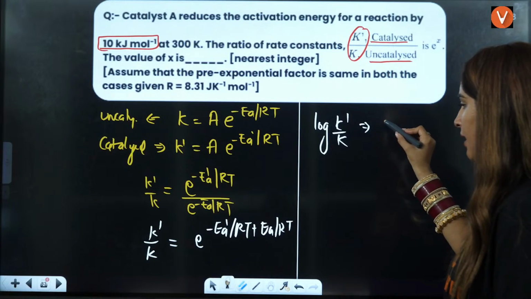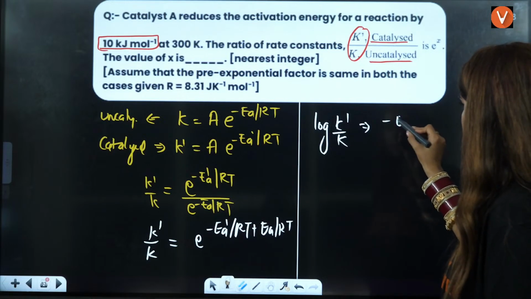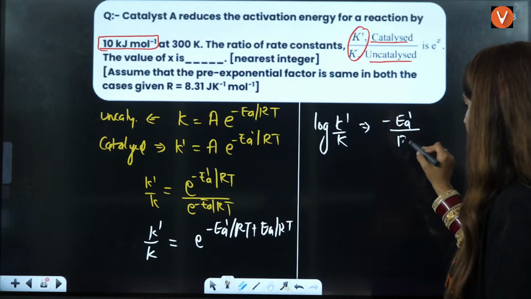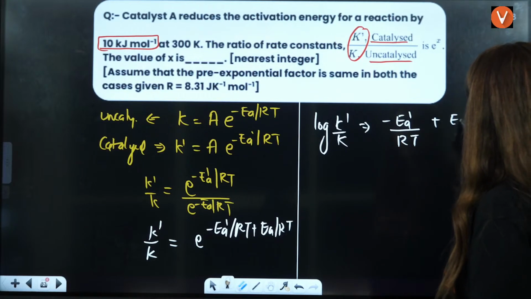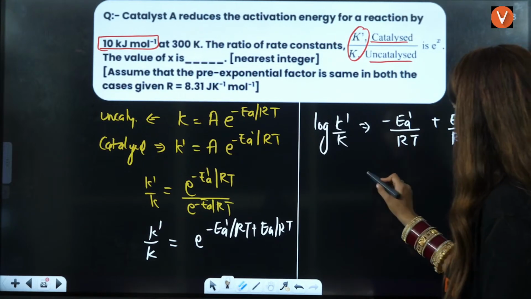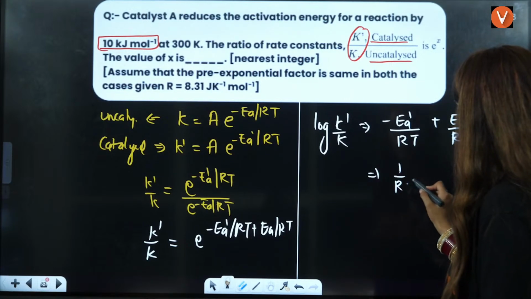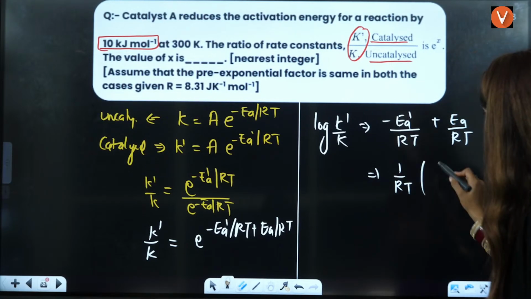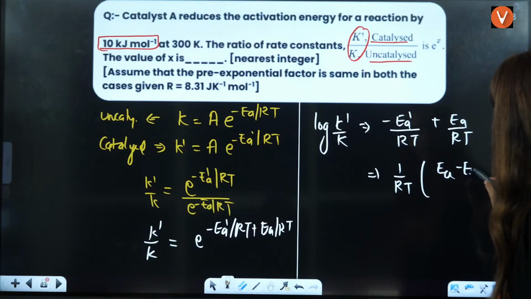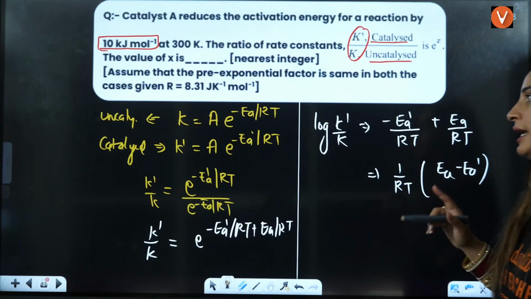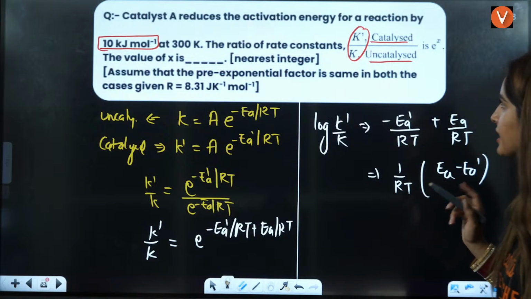So divided by RT, this will be Ea minus Ea dash. Ea means uncatalyzed minus catalyzed.